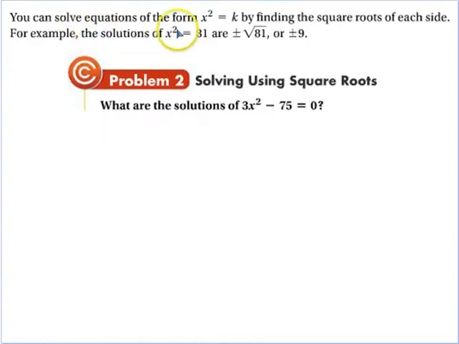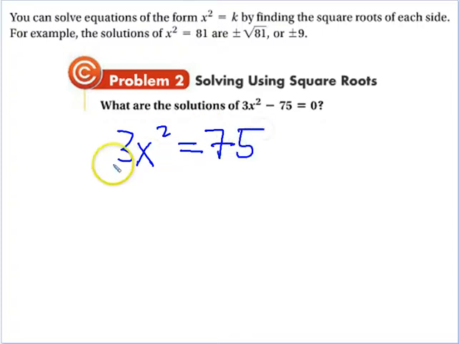Okay, we can solve the equations of this form, x squared equals k, by finding the square roots of each side. For example, the solution of x squared equals 81 are the positive and negative square root of 81, which is positive and negative 9. Okay, so what we have here is we need to solve it for the x, then we divide everything by 3.